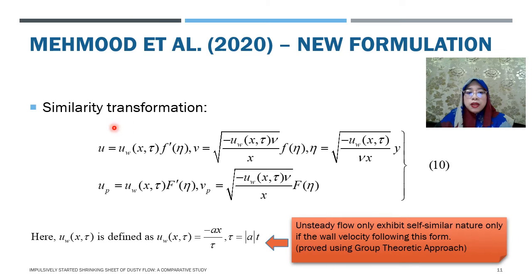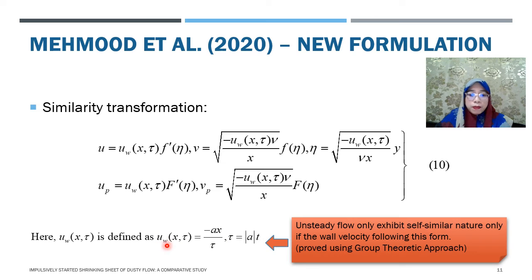Now, the new formulation as proposed by Hamid et al. in 2020 uses this similarity transformation 10. They claim that unsteady flow will only exist if the wall velocity follows this equation.